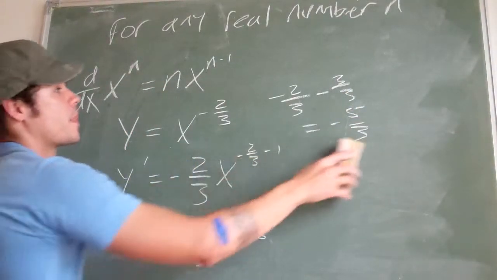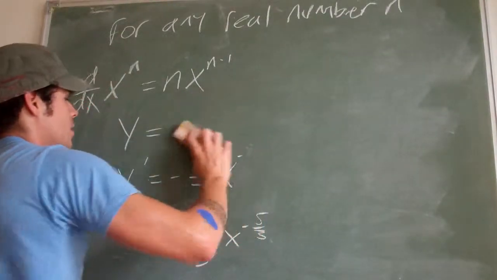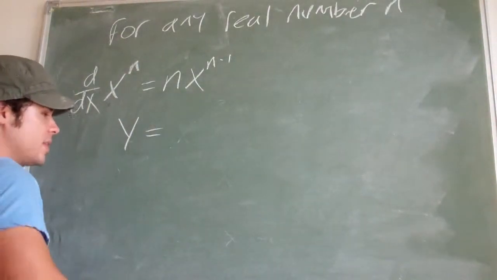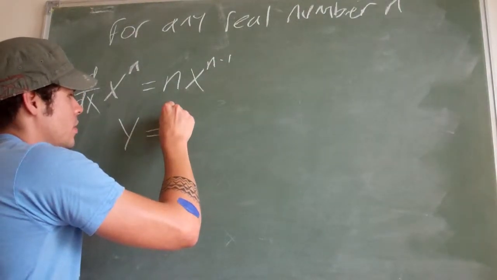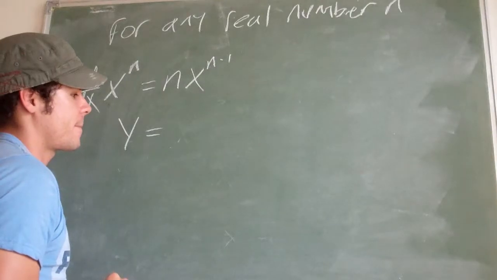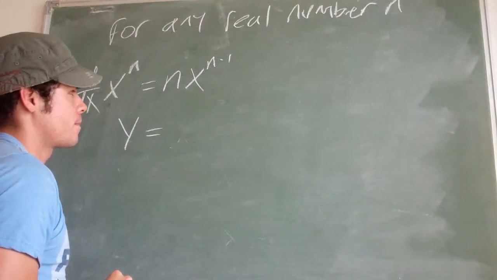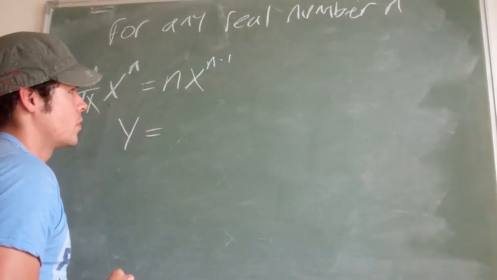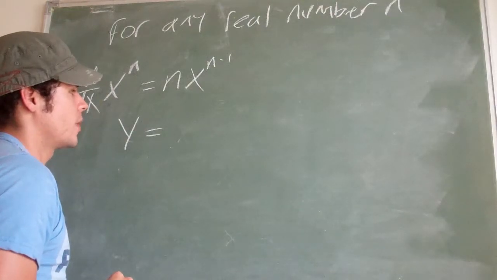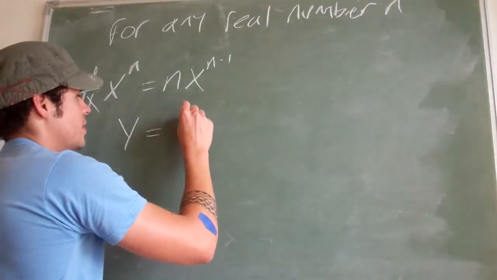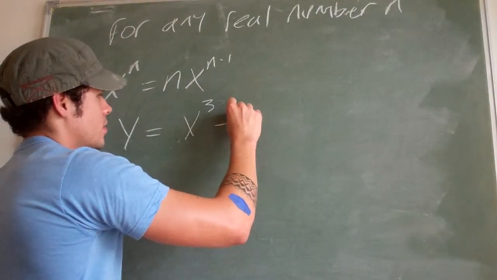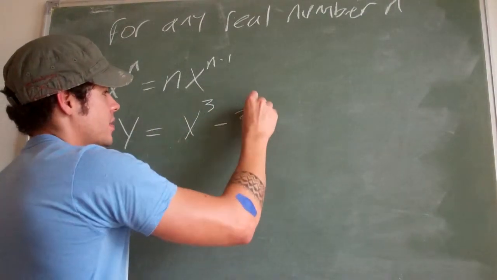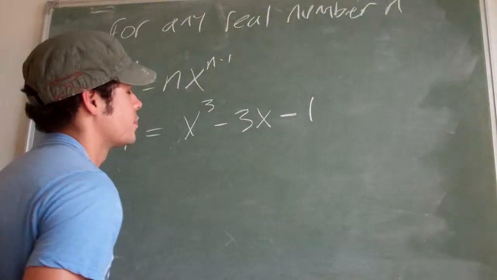Okay, let's see, what else? How about x cubed minus 3x minus 1?